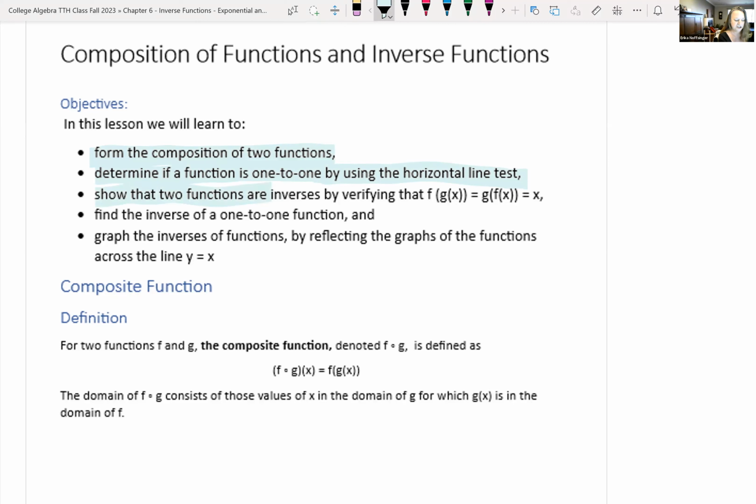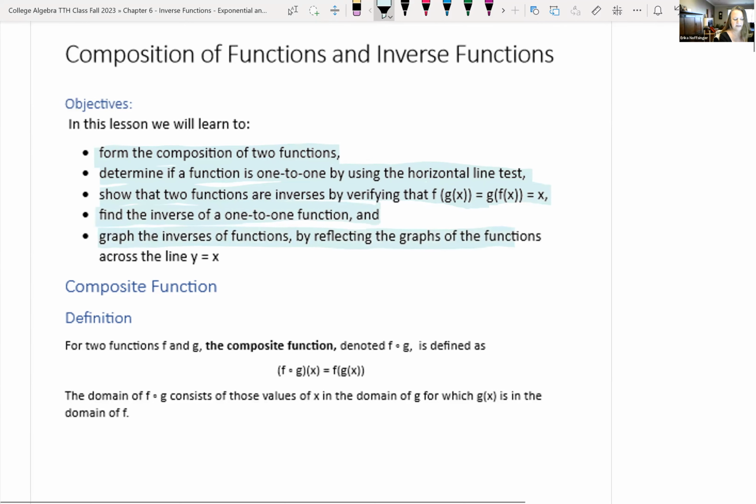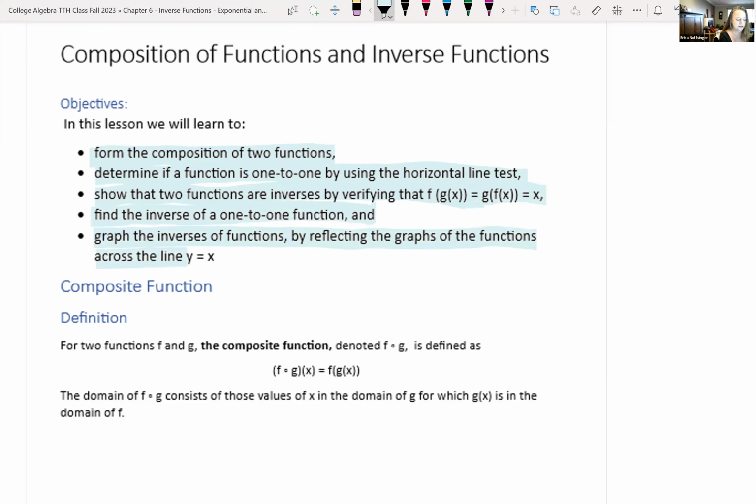Show that two functions are inverses of each other by verifying that f of g of x equals g of f of x, which is equal to x. You'll be able to find the inverse of a one-to-one function, and you'll be able to graph inverses of functions, by reflecting the graph of the function across the line y equals x.